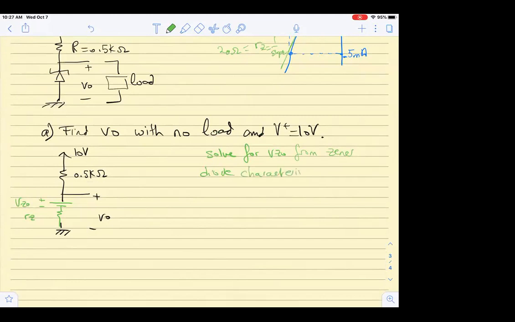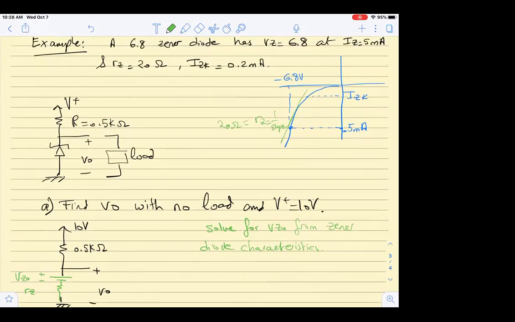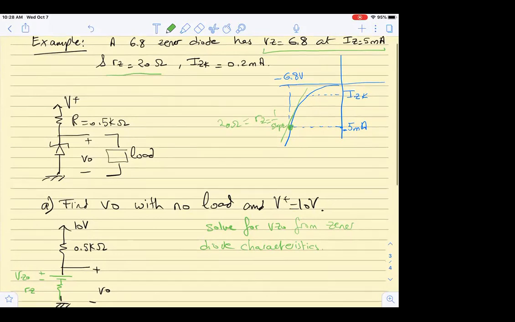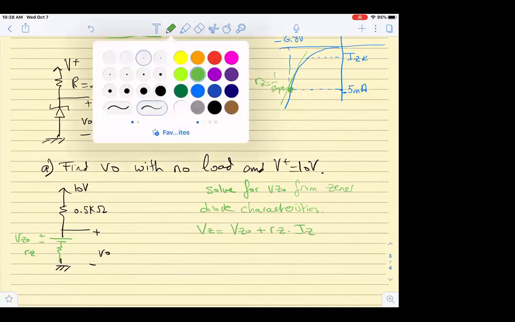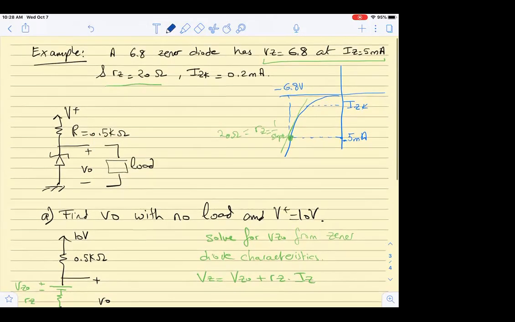If I want to draw or build a line, what do I need? I need a point. He gave me this point and he gave me the slope. And we know that VZ at any point P is equal to VZ0 plus RZ times IZ. So I'm going to plug in the information he gave me and the RZ from the diode characteristics.